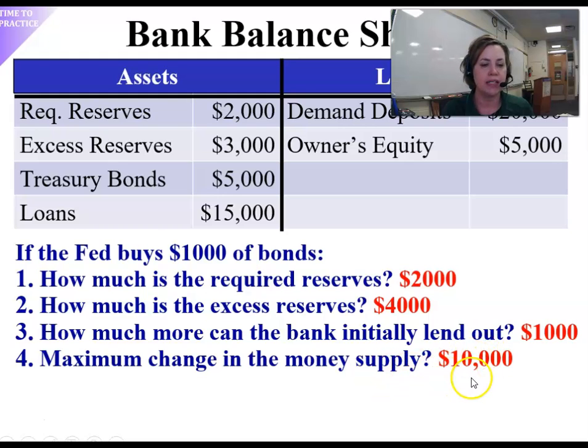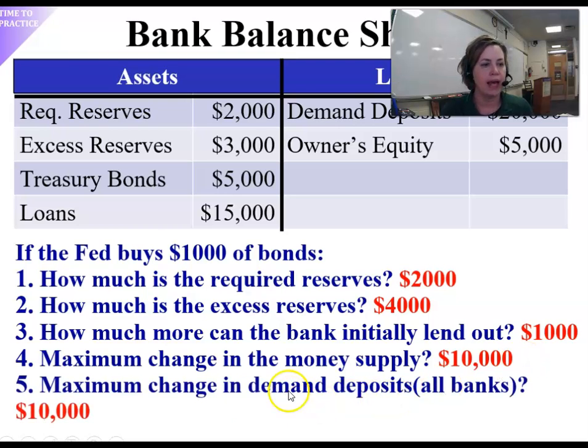The maximum change in the money supply would be 10,000. So the required reserve rate would be 2,000 divided by 20,000 or 10%. So the money multiplier is 10, 1 over the required reserve rate. And the maximum change in demand deposits across all banks would be 10,000.